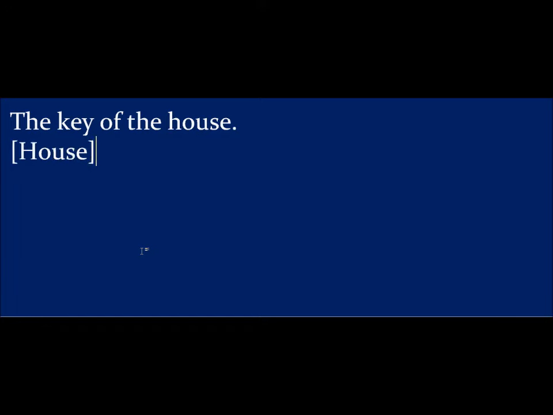Okay, so let's see, for example, the key of the house. In Turkish, house is ev. So I'm just gonna go with the English words, house plus n if it's necessary, and then in, okay, and the key, s, sorry, se if it ends in a vowel.